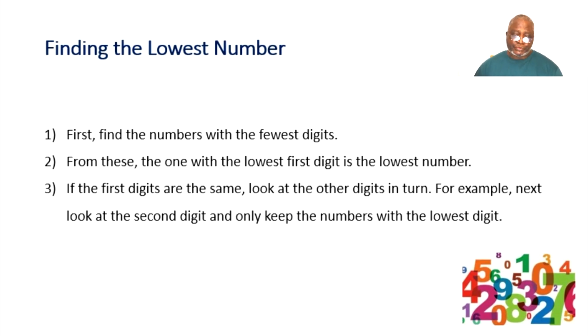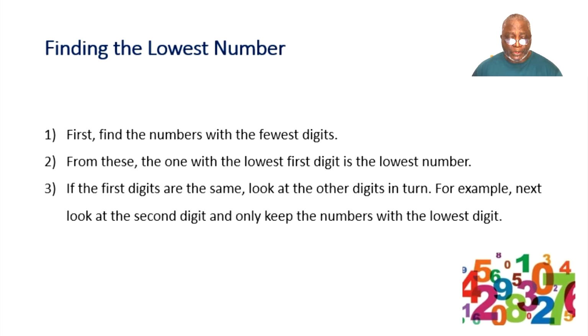With numbers, it's very common and natural to try to find either the lowest number, the highest number from among a group, or even to put them in order. So let's start by finding the lowest number. First, find the numbers with the fewest digits. From these, the one with the lowest first digit is the lowest number.